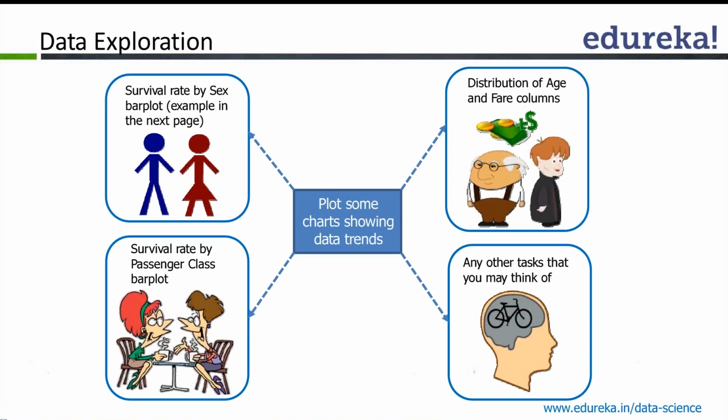There are three classes: first class, second class, third class, and let's say it's equally distributed, meaning 33% of all the survived people are in first class, 33% in second class, 33% in third class. That means the survived people are equally distributed among all classes.